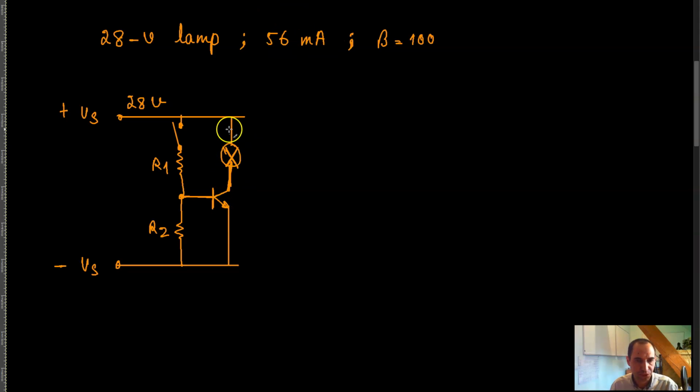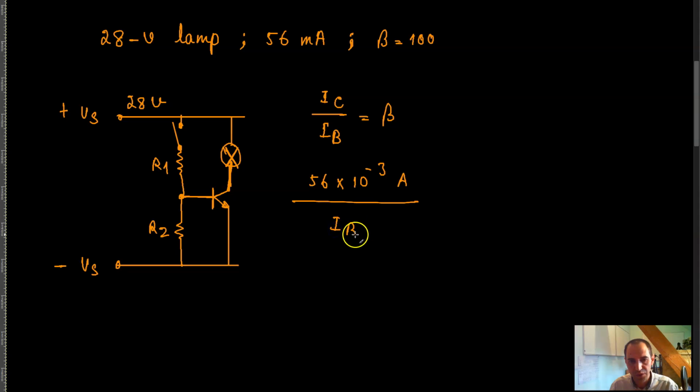So since 56 milliamp of current is required by this lamp, the collector current of this transistor has to be 56 milliamps, which means that I can write I_C over I_B is equal to beta. I_C is 56 times 10 raised to the power negative 3 amp, over I_B is equal to 100.